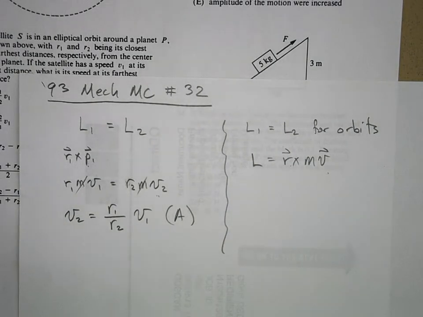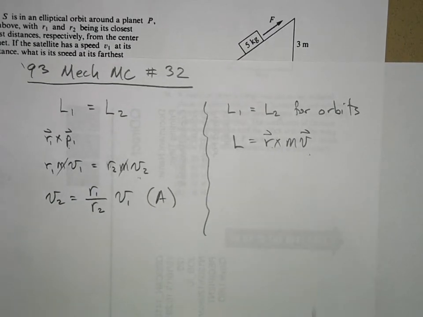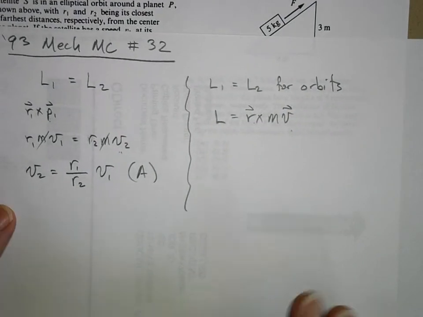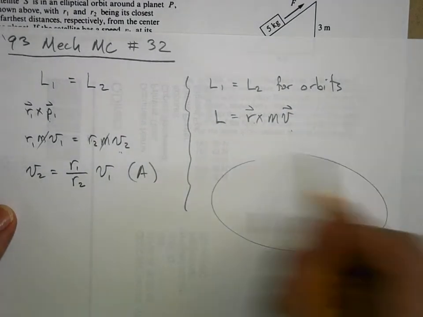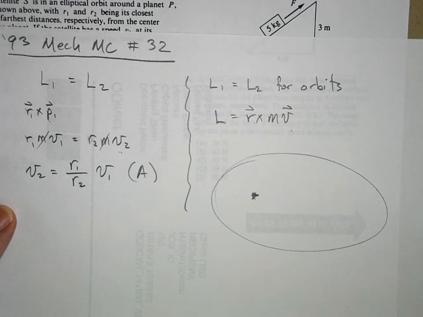Now, one last thing for this problem, take a look. Why is angular momentum conserved? Let's take a look at an elliptical orbit. This is a good review kind of thing here. Here's an elliptical orbit. Could be a circular orbit too, doesn't matter. So here's our star, and here's our planet.